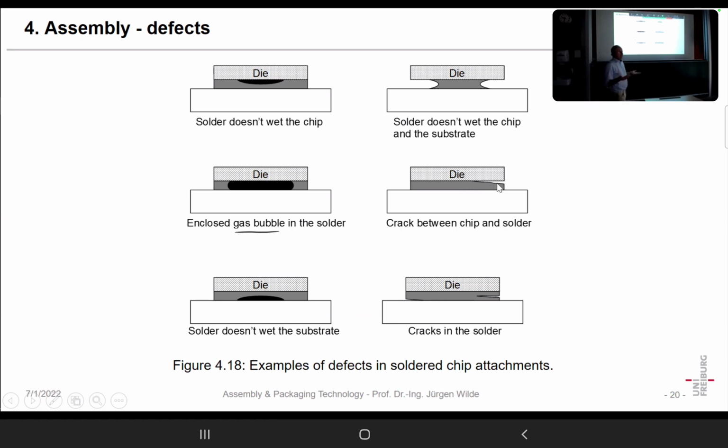In some cases, also the interface is not strong. Then metallization of the chip doesn't stick well, for instance. Then you can have a crack not in the solder, but in between. But again, from just how it looks and where it appears, you can already have some information what the reason is.